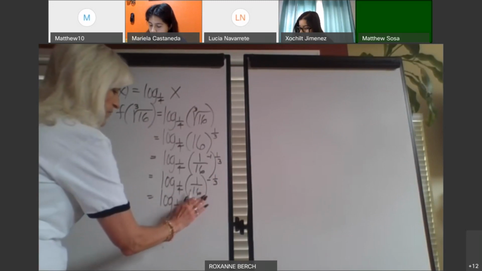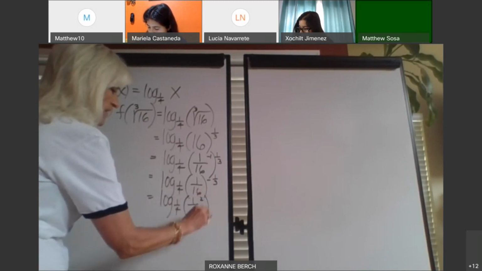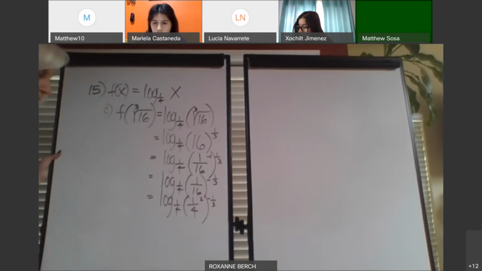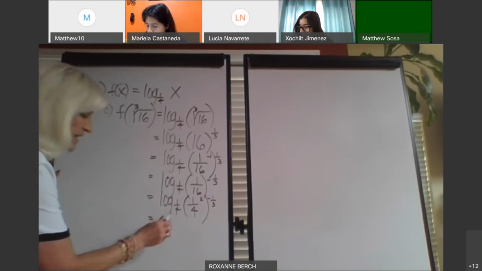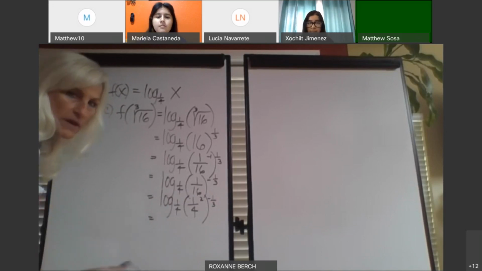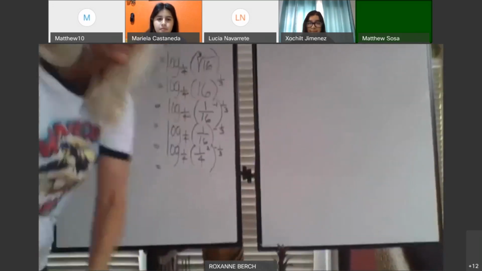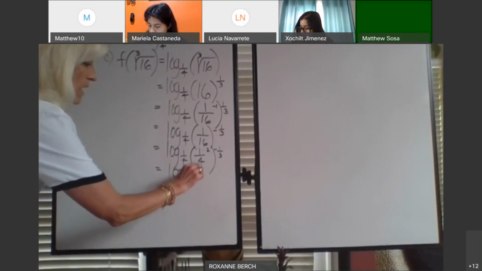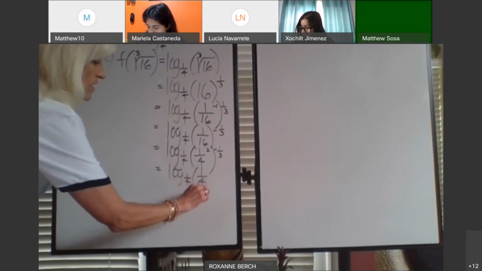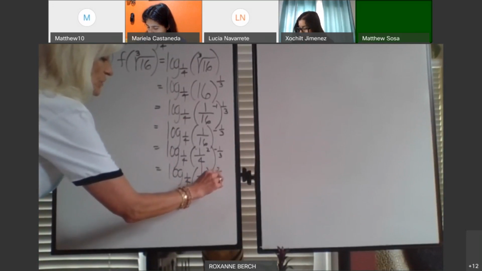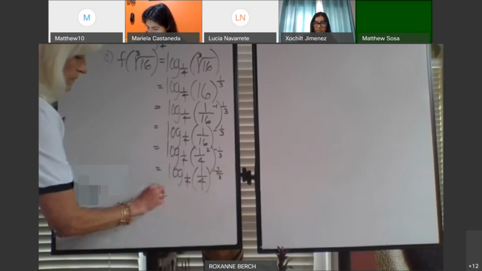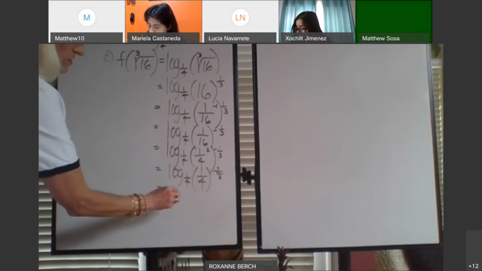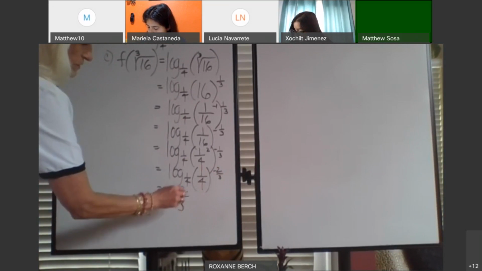And wouldn't that be 1/4 squared to the negative 1/3? Can you guys still see the screen if I write down? Here, I'll tilt it down. Log base 1/4 of 1/4 to the negative 2/3 power. And finally, the base of the log matches the base of the exponent, so the answer is negative 2/3.